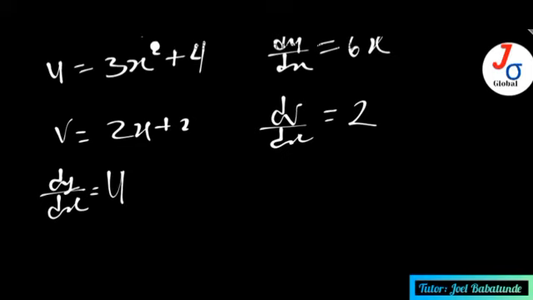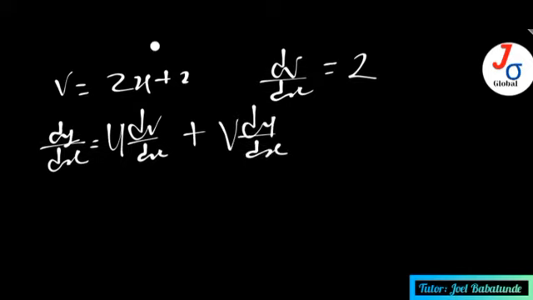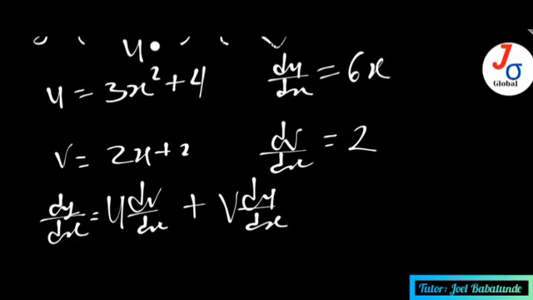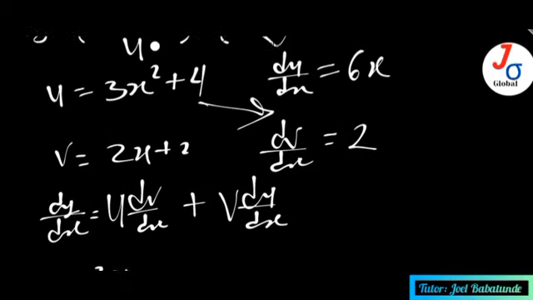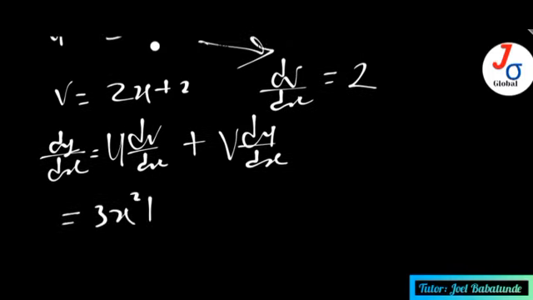So dy/dx from the product rule is actually u dv/dx plus v du/dx. You should be familiar with this formula by now. And that's actually this multiplied by this, u is 3x squared plus 4, then multiplied by dv/dx, and that's 2, then plus v.